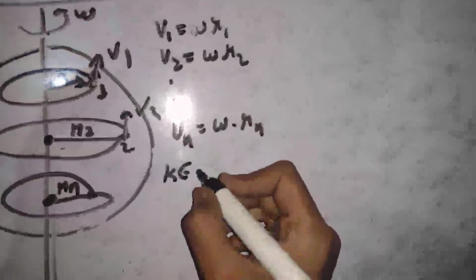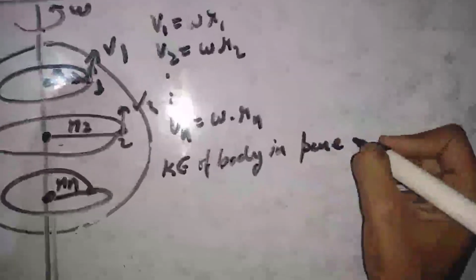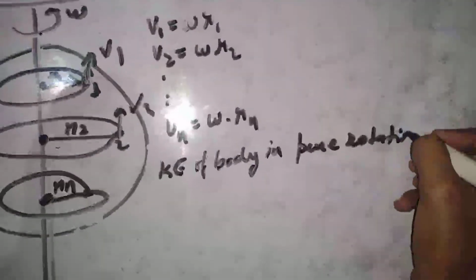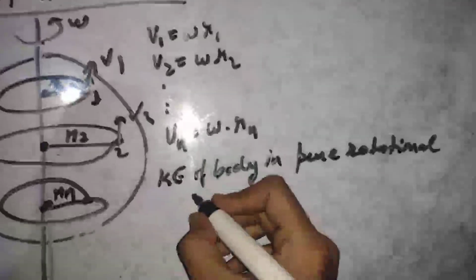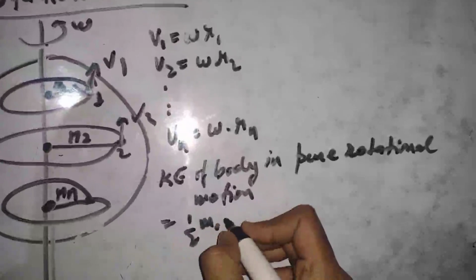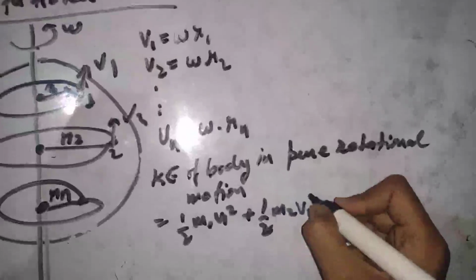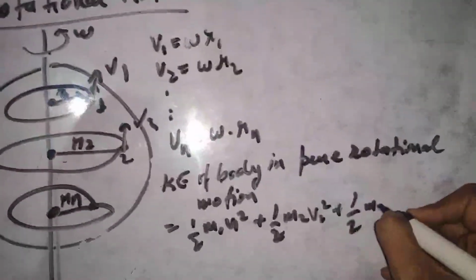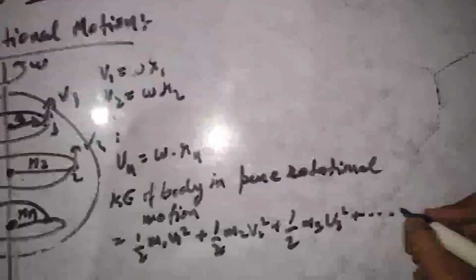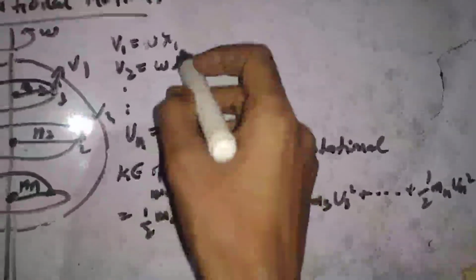Now the kinetic energy of the body in pure rotational motion equals half m1 v1 square plus half m2 v2 square plus half m3 v3 square, all the way up to half mn vn square. We will substitute the values of v from here.